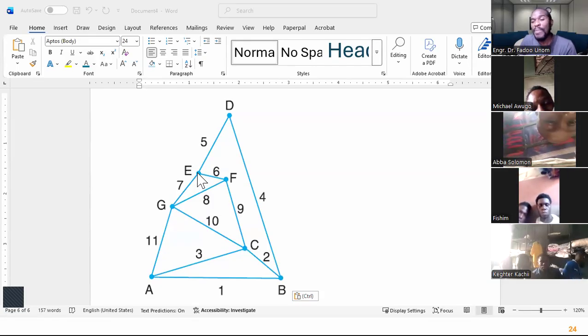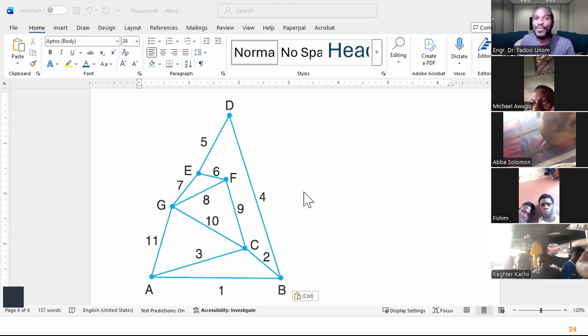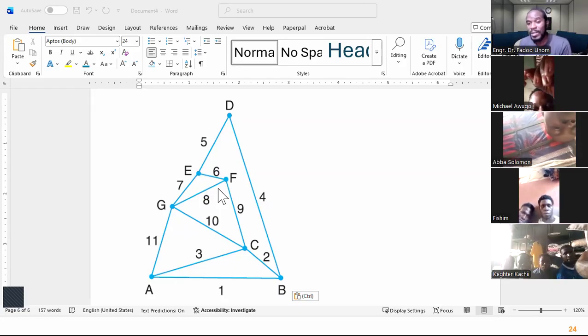Joint E has how many links connected to it? 3. What's the equivalent number of binary joints? 2. Right? So 11 plus 2 is what? 13. Then let's move to the last joint, which is joint F. How many links are connected to joint F? 3.